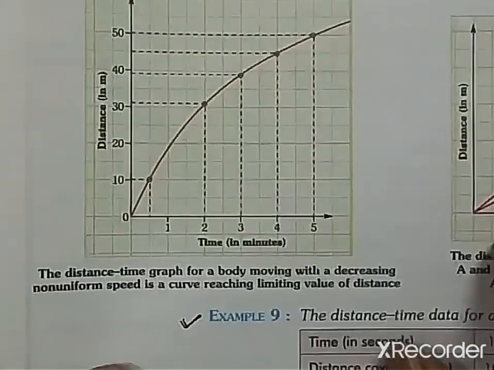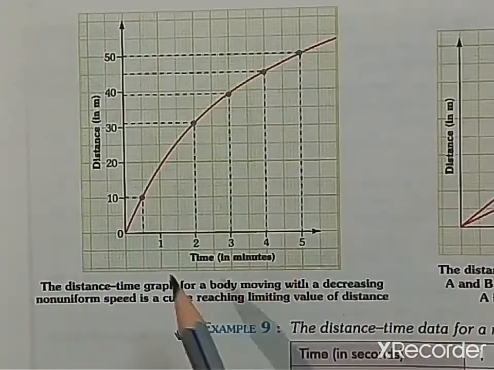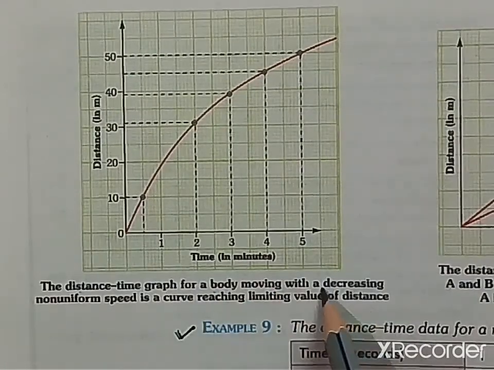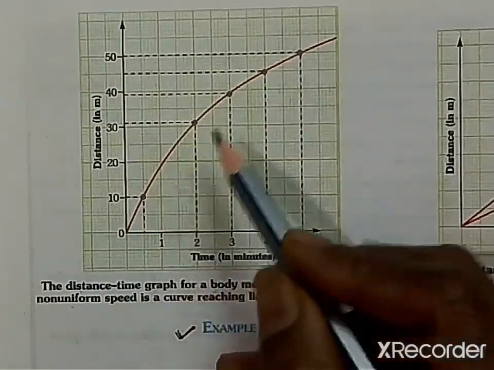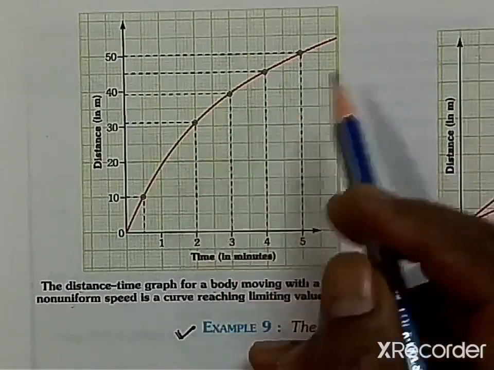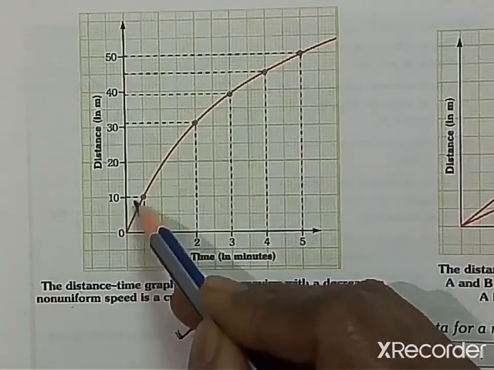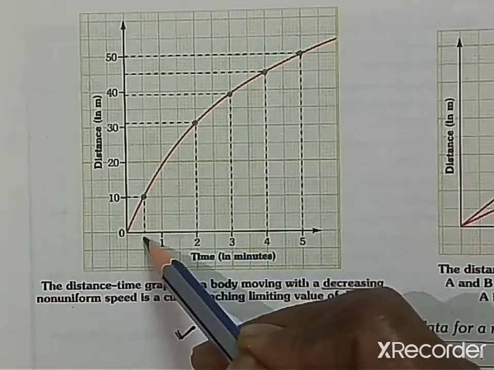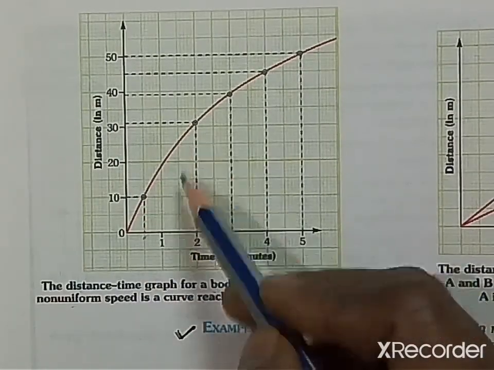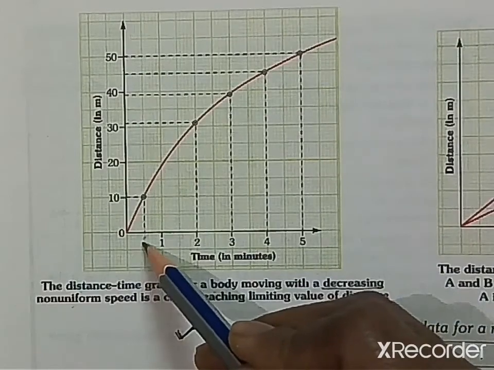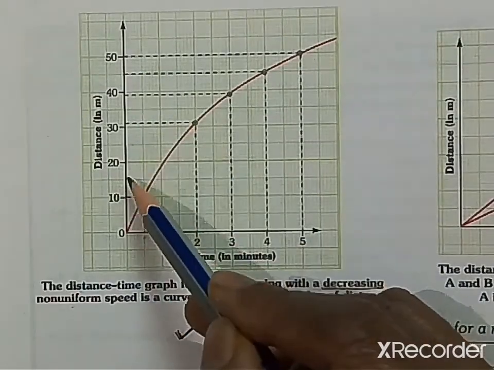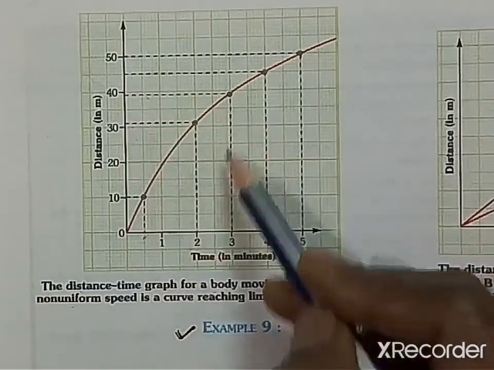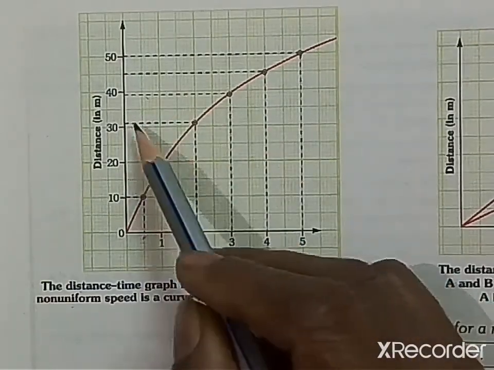Then next you can see here the distance time graph for a body moving with a decreasing non-uniform motion. Decreasing means the speed of the vehicle is decreasing. Okay, here it is 10 meter in 5 seconds, then next one from 0.5 second to 2 second it covers this much distance, that is 20 meter, then again it is decreasing, second, third, fourth, it is decreasing.